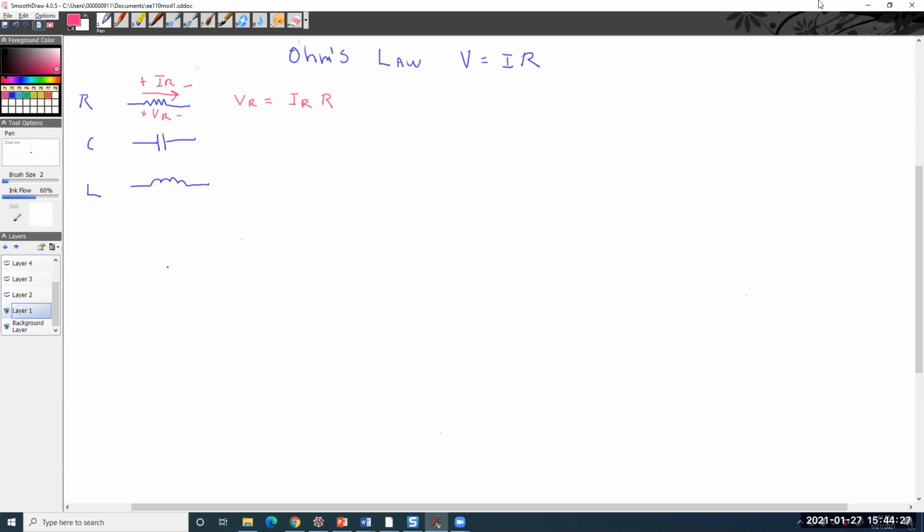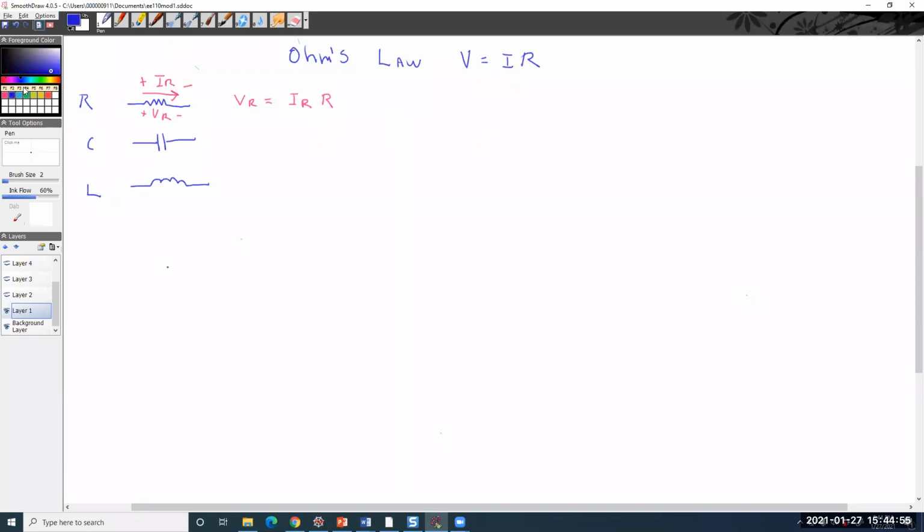So we were just going over Ohm's law, and we're going to do it for R, C, and L, right? The important thing is to make sure that if the current direction is given a certain direction, the voltage drop across a passive device is plus to negative in that arrow direction.